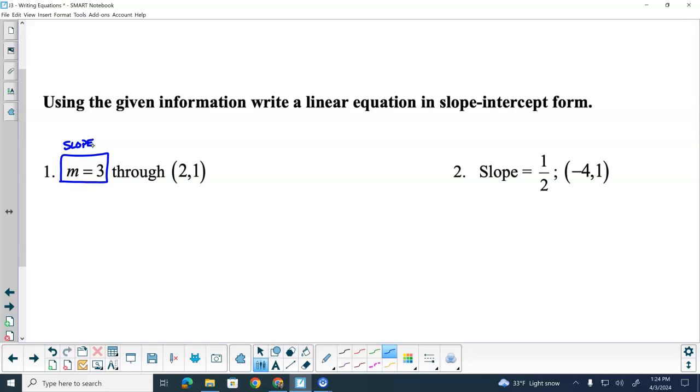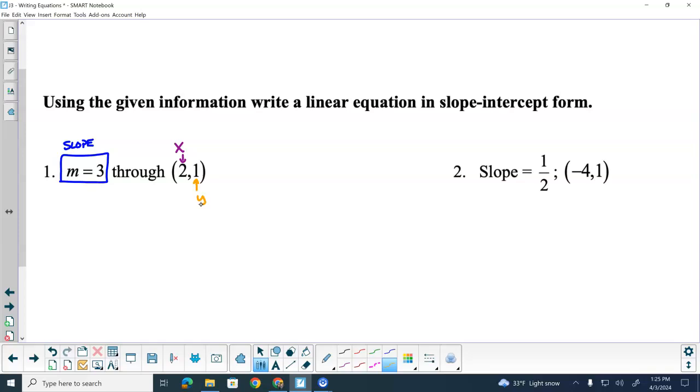The problem with today is we're not going to give you the y-intercept. We're going to make you find it another way. So this is just some random point that the line goes through, and that random point has an x part and a y part.